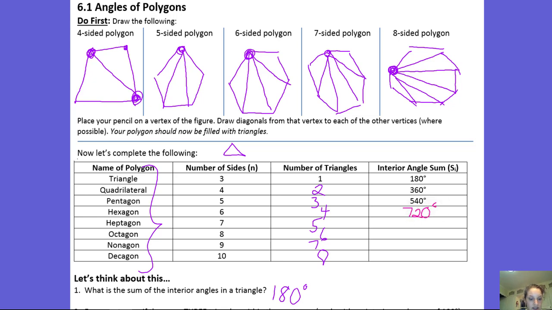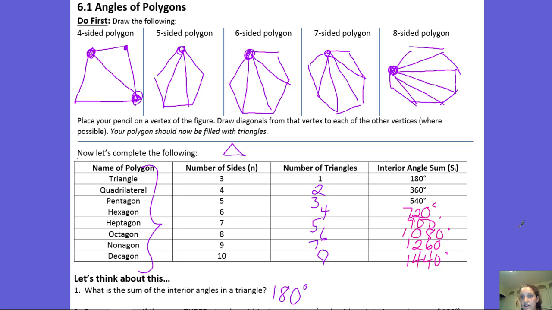For a heptagon, it's 900 degrees. For an octagon, it's 1080 degrees. For a nonagon, it was 1260. And for a decagon, it's 1440.